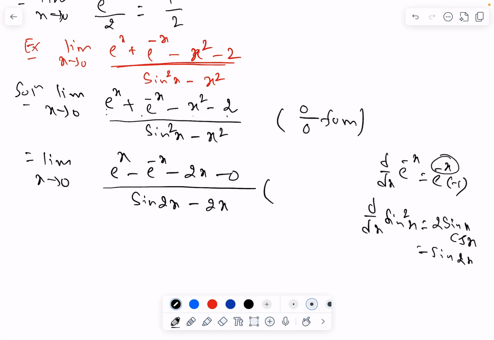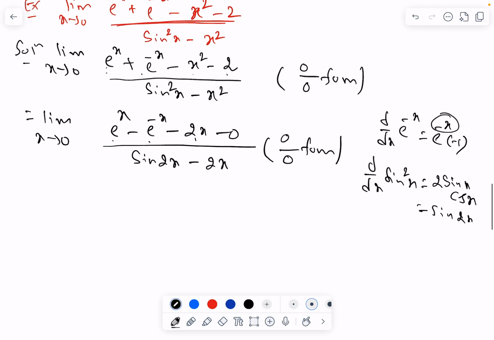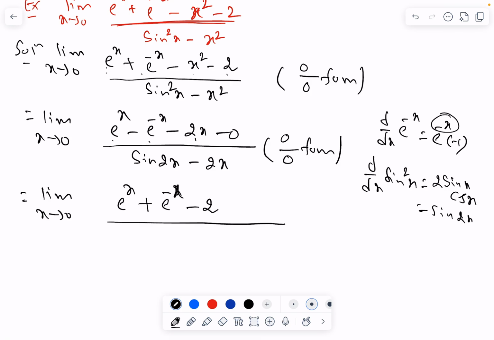Now again we check x tends to 0. So this is 1, this is 1, so 1 minus 1 is 0. x is also there, so this is 0. Sin 0 is 0, and 2x is 0. So this is again 0 by 0 form. So this is equal to the limit as x tends to 0 of: derivative of e^x is e^x, derivative of e^(-x) is minus e^(-x), so this will be plus e^(-x), and derivative of 2x is 2.